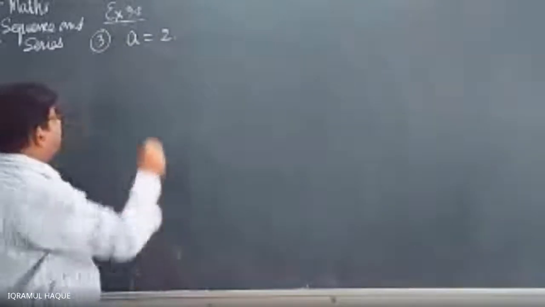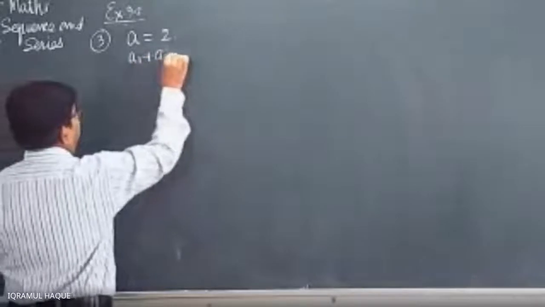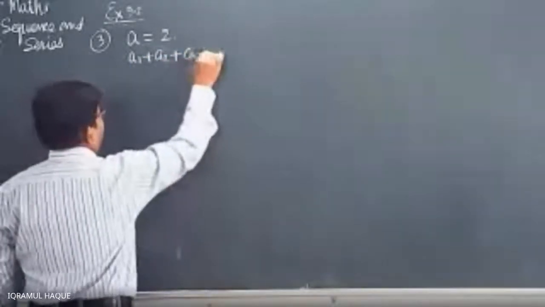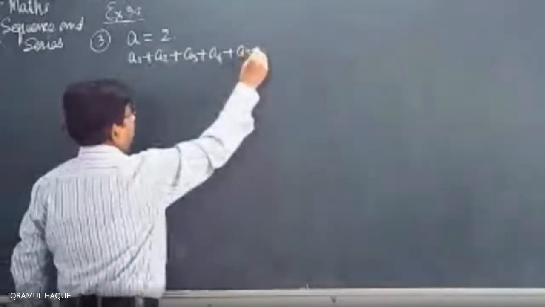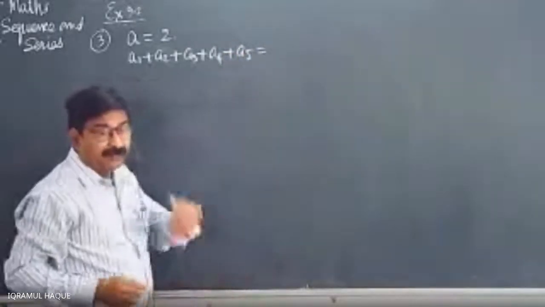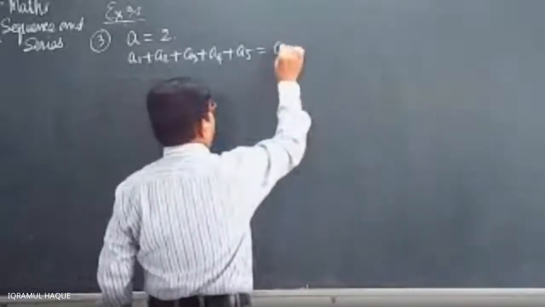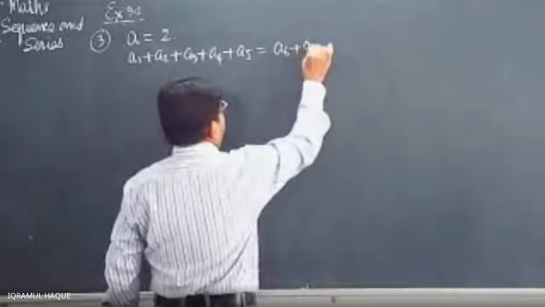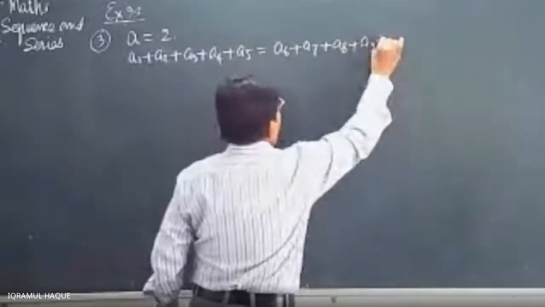Sum of first 5 terms, I'm writing A1 plus A2 plus A3 plus A4 plus A5 is equal to next 5 terms starting with A6: A6 plus A7 plus A8 plus A9 plus A10.